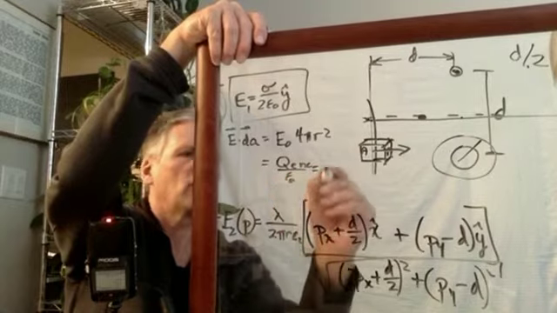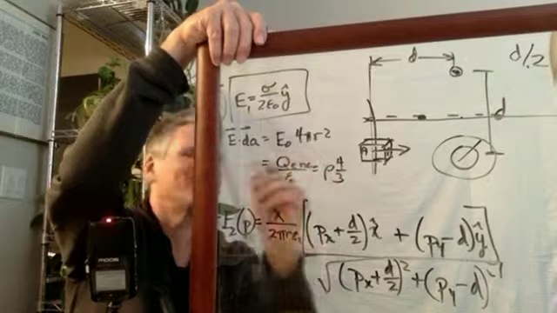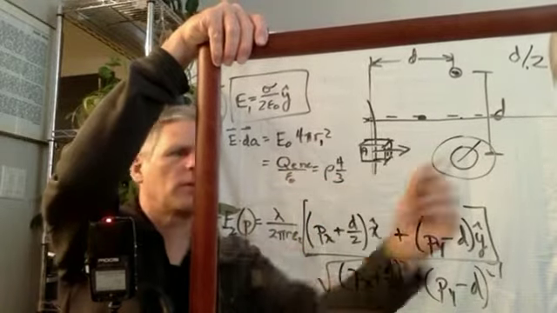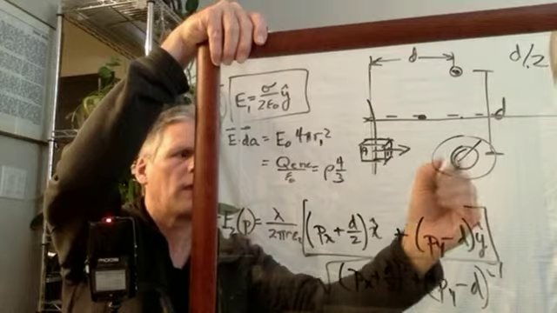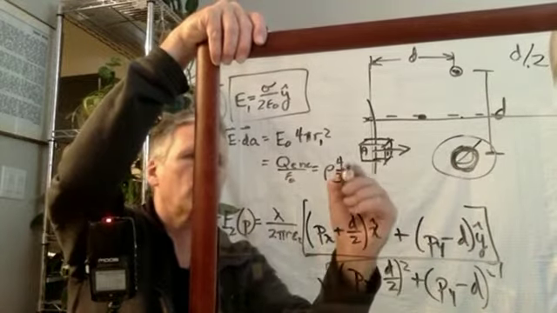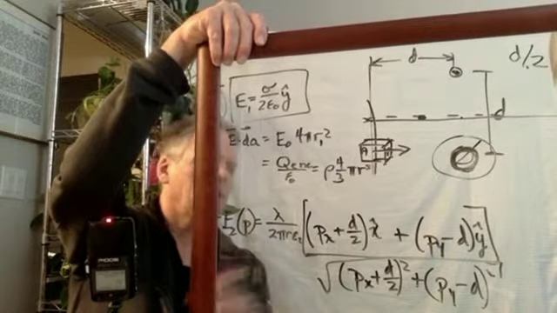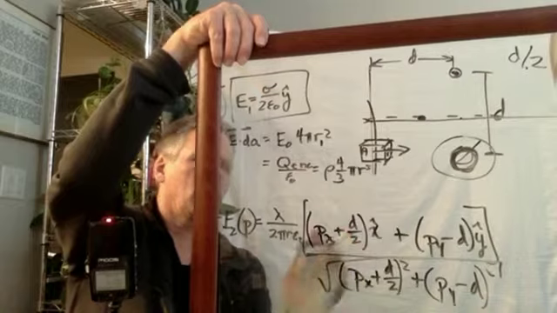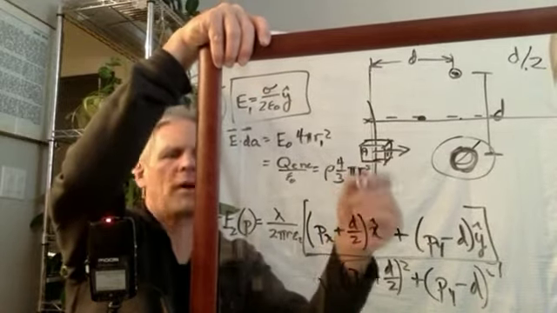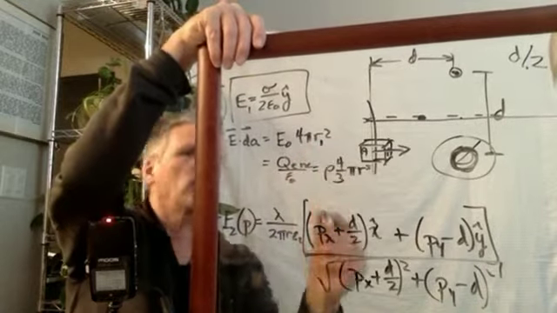The charge enclosed is just rho times 4/3 pi r cubed. I'll call this R1 so we don't confuse it with the R that's actually the R of this sphere. So 4/3 rho pi r cubed equals E times 4 pi r1 squared.